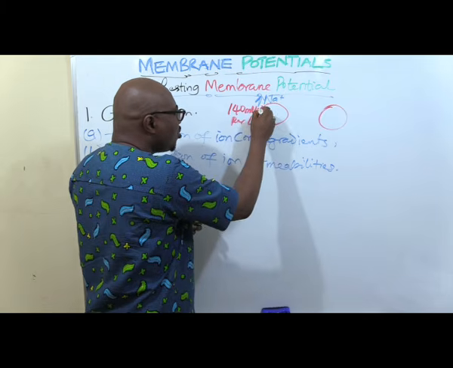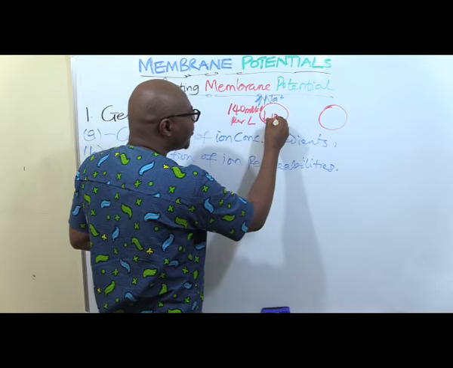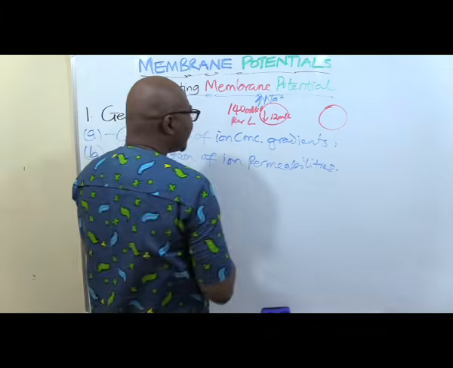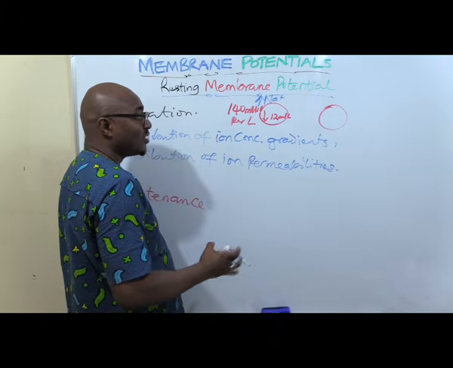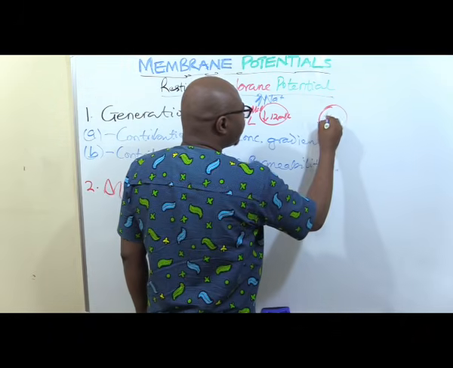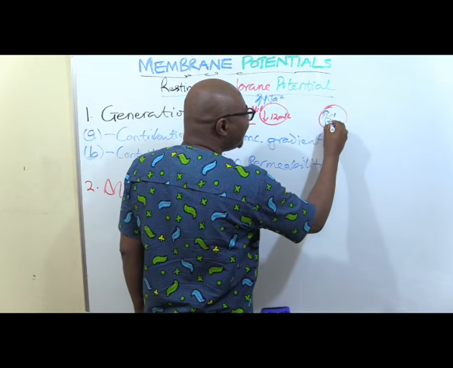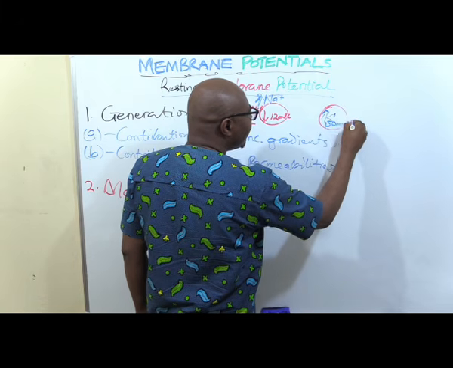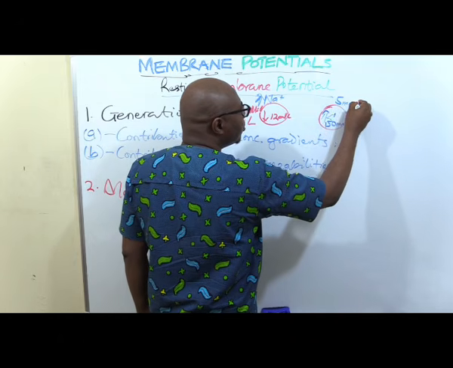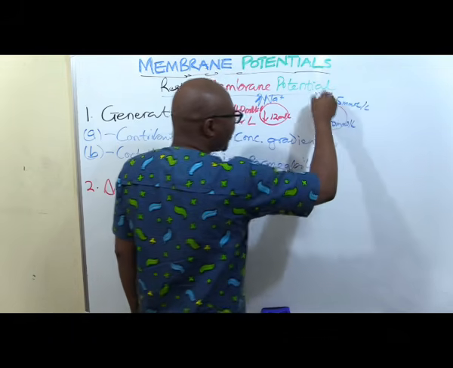Then inside it's very low, around 12 millimoles per liter. Now let's go to potassium. Potassium is high inside and low outside. Inside, it has about 150 millimoles per liter. Then outside, it has just about 5 millimoles per liter. So outside is low potassium.